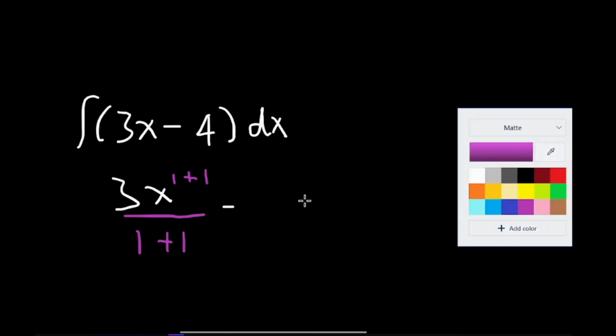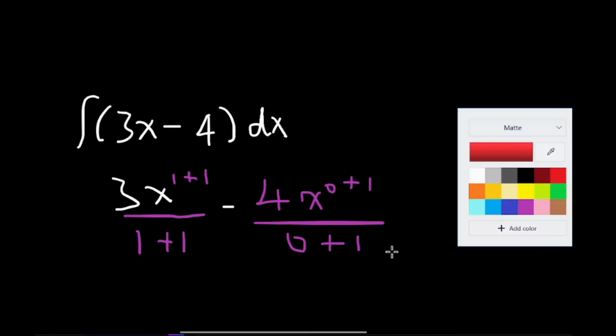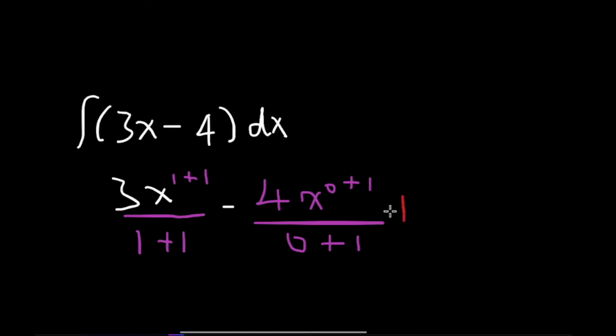Now here is where we have to pay particular attention. Remember, we said that we can represent that as 4x, and this is to the power 0, so we're going to have 0 plus 1, and all this will be over 0 plus 1. And let's not forget our constant of integration, which is c.